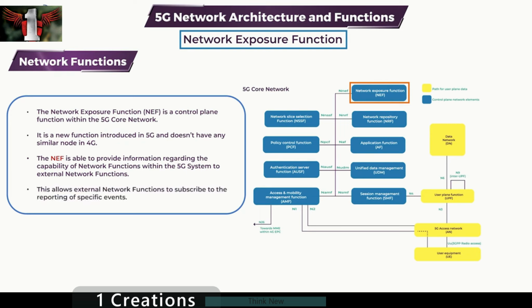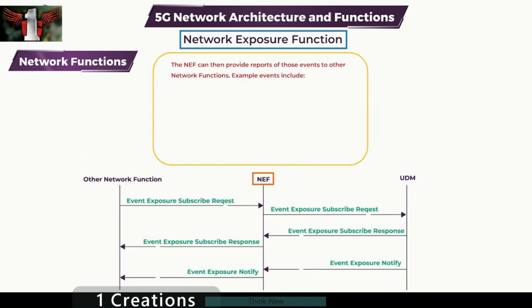This allows the external network function to subscribe to the reporting of specific events. Network functions within the 5G system are able to report specific events to the NEF. The NEF can then provide reports of those events to other functions. Example events include: first, loss of connectivity for a specific UE reported by the AMF.